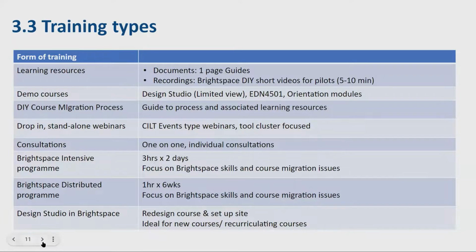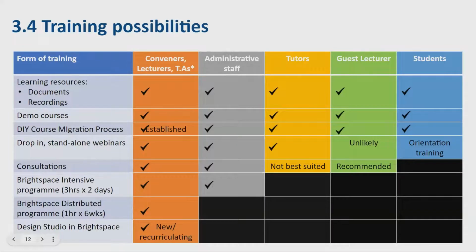Okay, fantastic, moving on. So a little bit of a summary of that then. On the left-hand side over here, we've got the various forms of training that are available, and then who is likely to make use of those forms of training. So all of these forms of training are available to course conveners, lecturers, and TAs, with just 2 caveats.